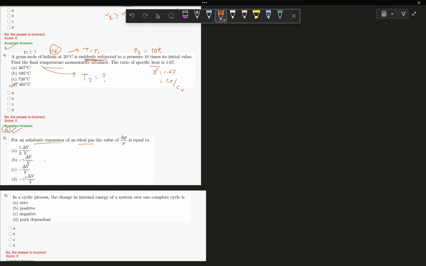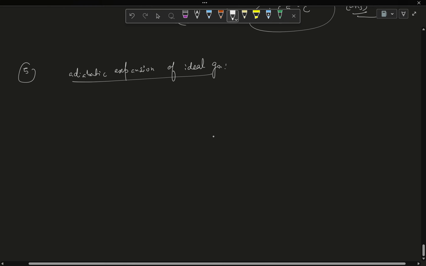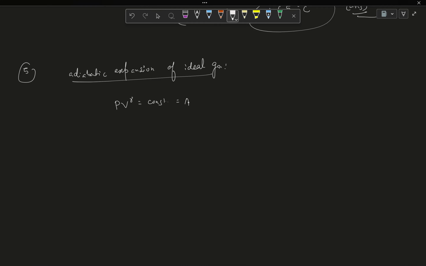Problem number 5, they said that this is the adiabatic expansion of an ideal gas. So this is following a rule, PV to the power gamma is equal to constant, equal to A. Okay.